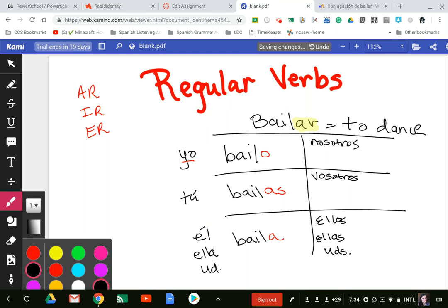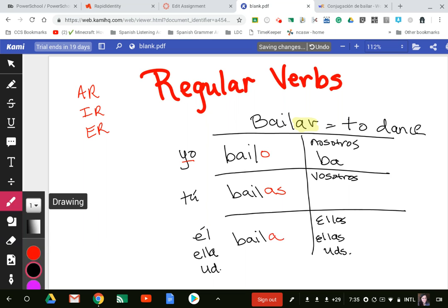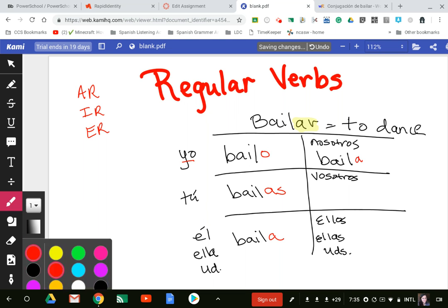Nosotros, sorry, that is an I. Apologize for my chicken scratch. Nosotros, you have your stem, add the AR ending, it would be bailamos. Vosotros bailáis. Y ellos bailan.